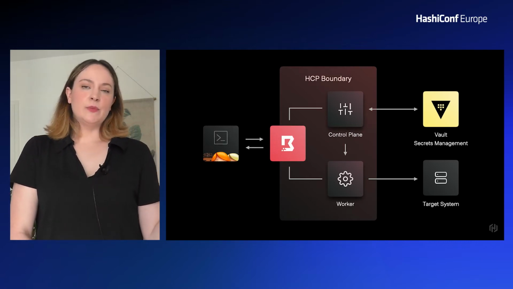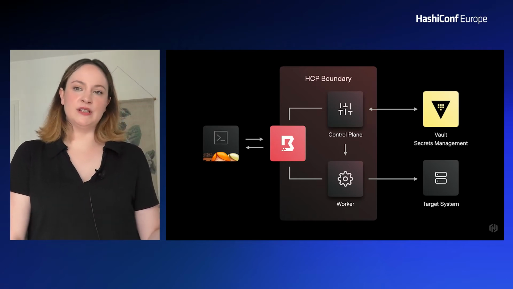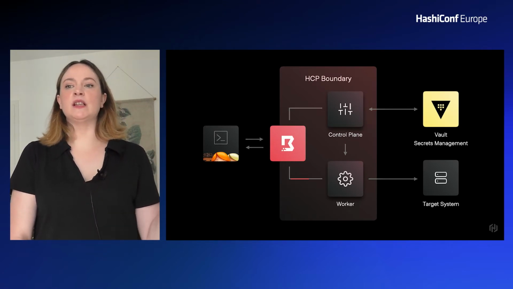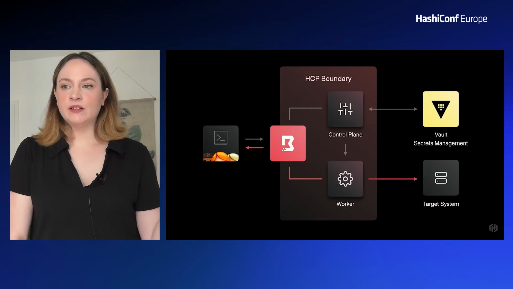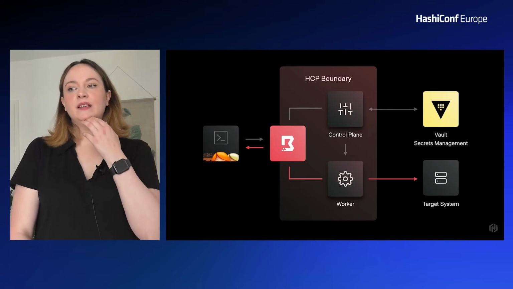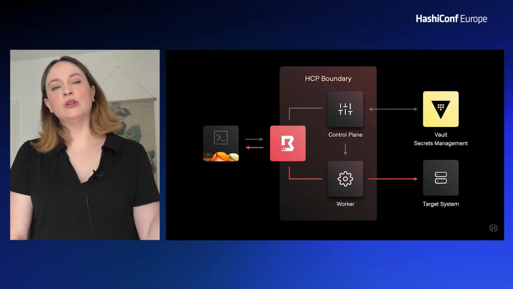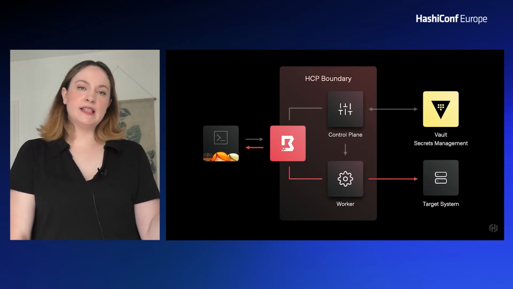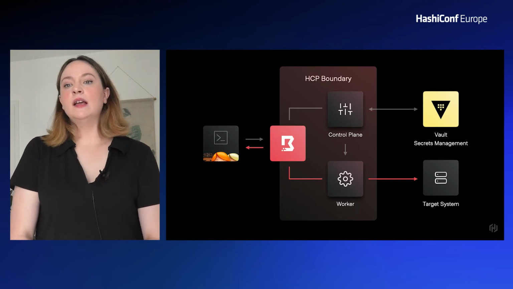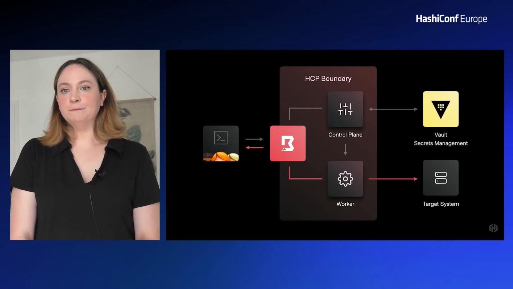Which in turn means that Boundary can manage access to all those types of sessions. The session is presented to the user as a TCP tunnel. It's wrapped in mutual TLS, so no one can man in the middle. If you're connecting over SSH through a Boundary tunnel, you have two layers of encryption, the SSH session that the user creates, as well as the underlying transport layer security that Boundary creates.